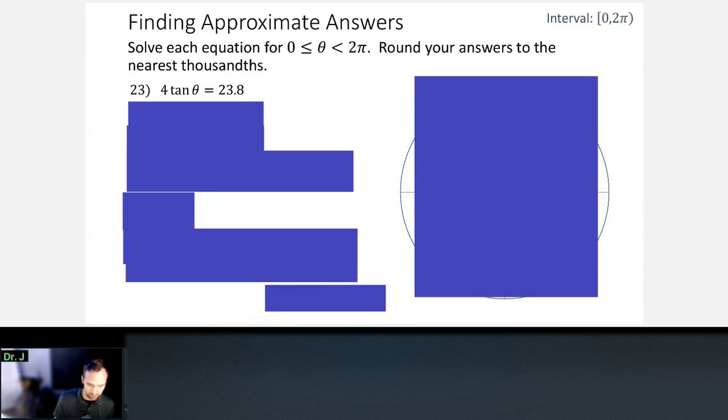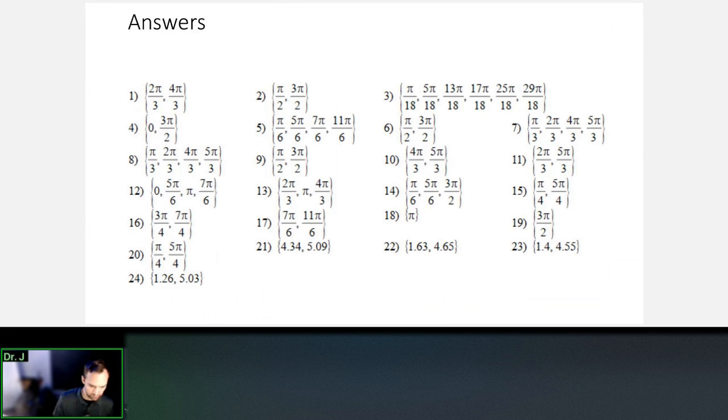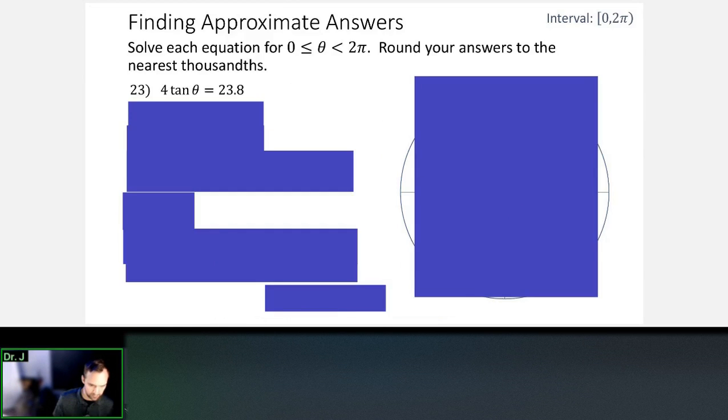Number 23 and 24. Yep, 23 and 24. All right, so I want everyone, if you haven't done this one already, please do it on your paper. I know all of you do have the answers and the work, but try doing this without looking at the work. Just give me a green check when you are ready to go through it.